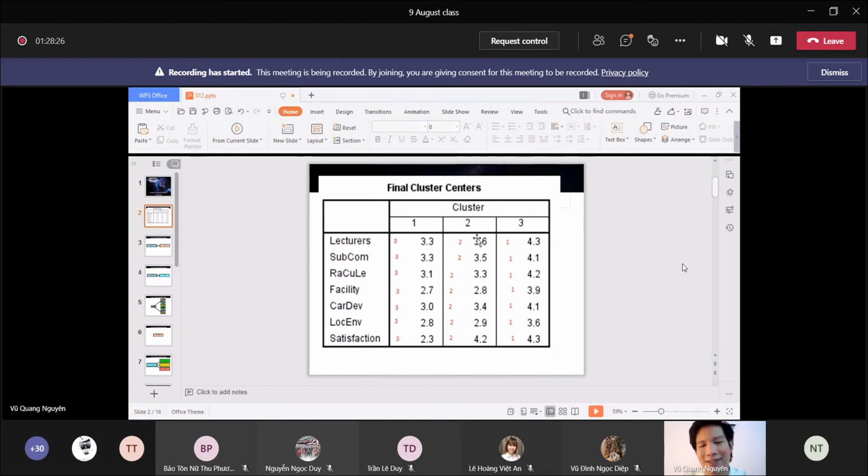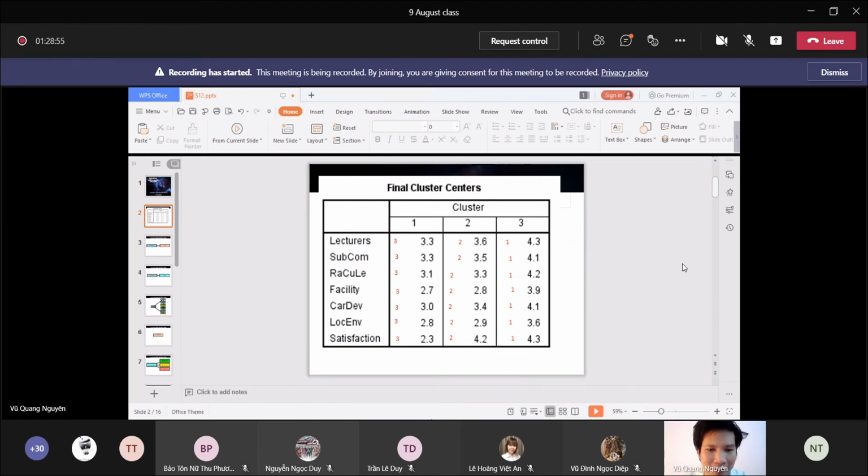And the third segment contains the people who are middle in every aspect. Again, this one is not good at all, because we cannot see the difference between the clusters in each aspect. See, it's always in all aspects. So this one is not good.